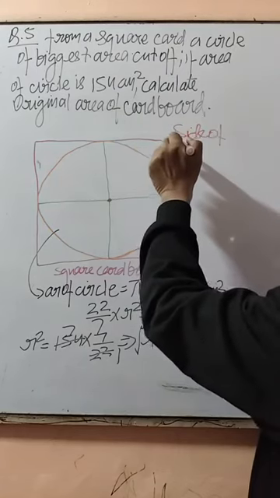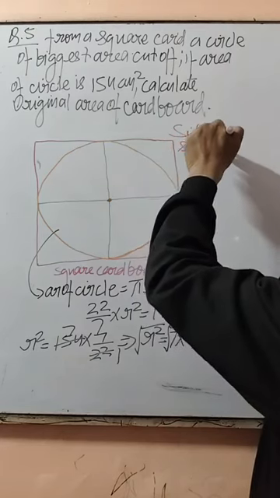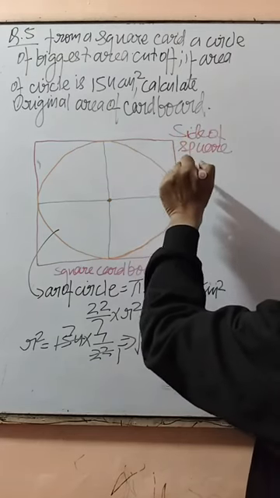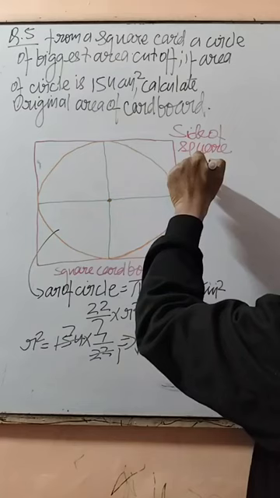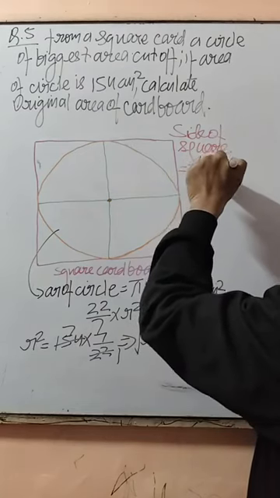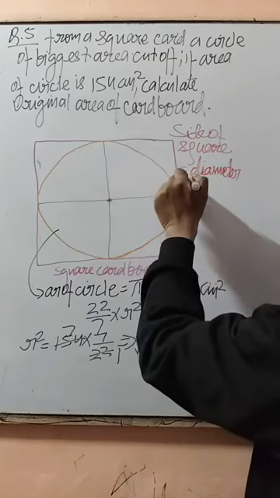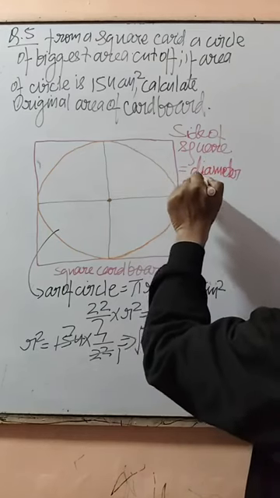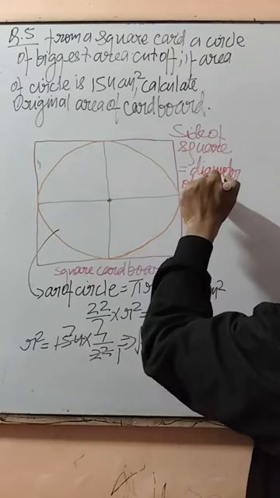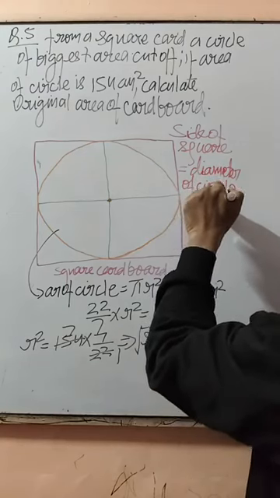Side of a square is equal to diameter of circle, which is equal to 2r.